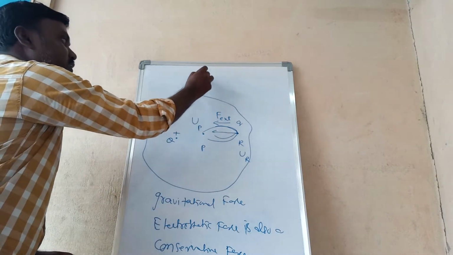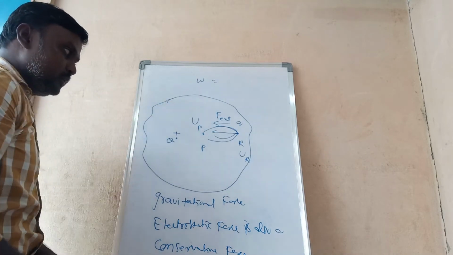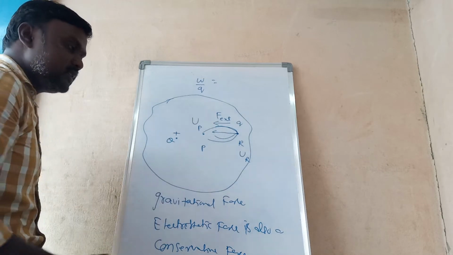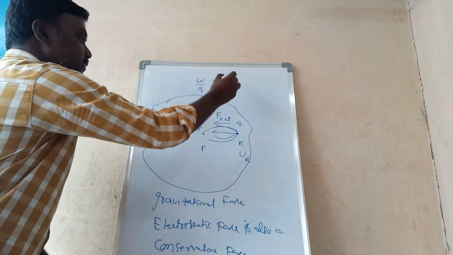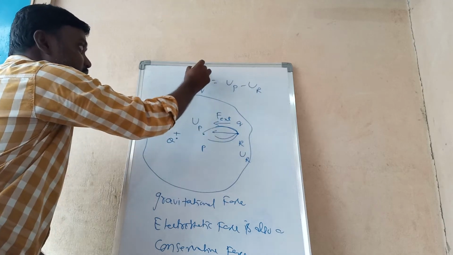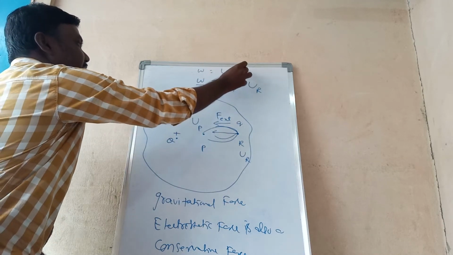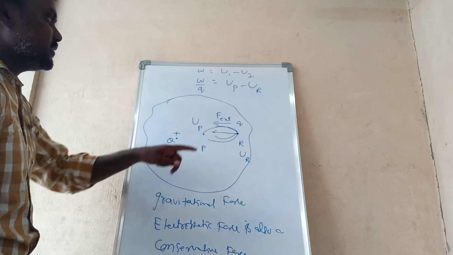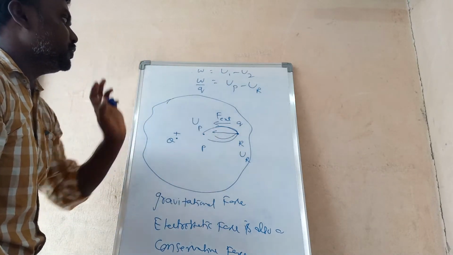So that is why the work done W is equal to the work done per unit test charge. This is UP minus UR. And do you remember, work done by gravitational force is U1 minus U2. And like that, this is UP minus UR.